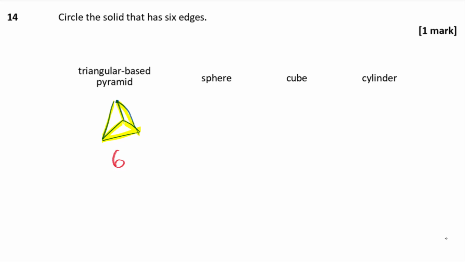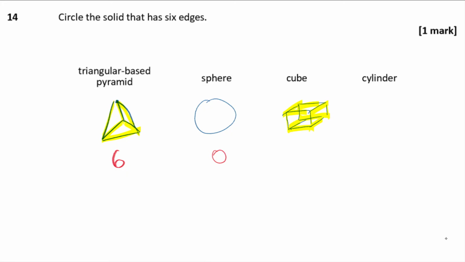A sphere, well, sphere doesn't have any edges. Or does it have 1? I don't know. I think it hasn't got any. I think that's 0 edges. A cube, okay, so you've got like 1, 2, 3, 4 in the front face, 1, 2, 3, 4 in the back face, that's 8, and then 1, 2, 3, 4 in between.